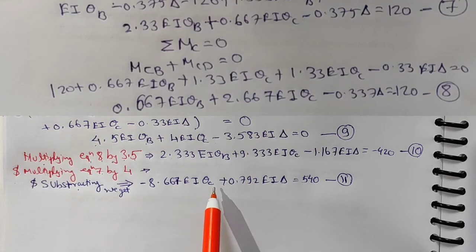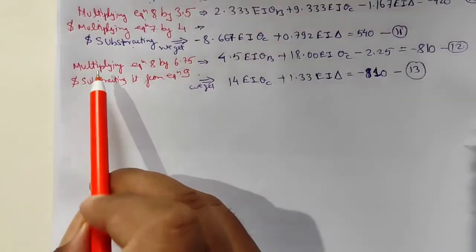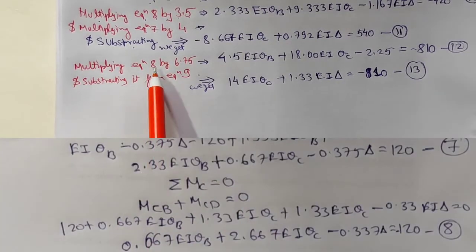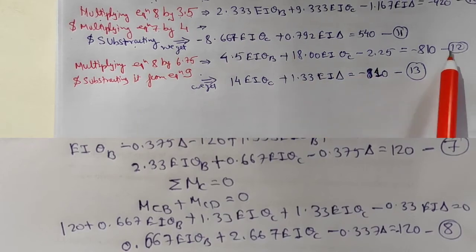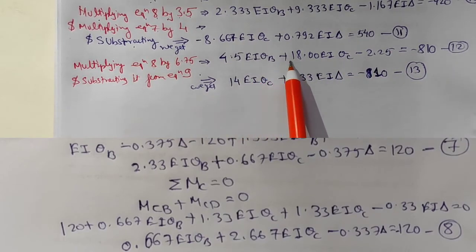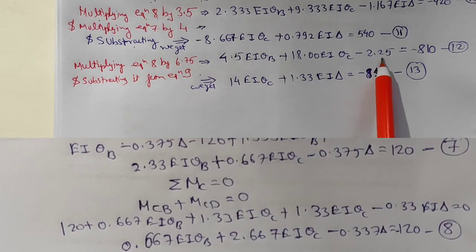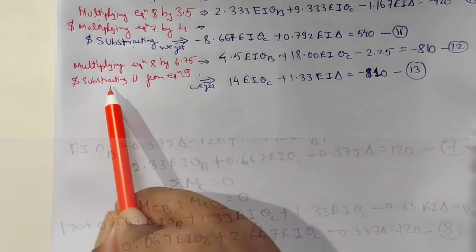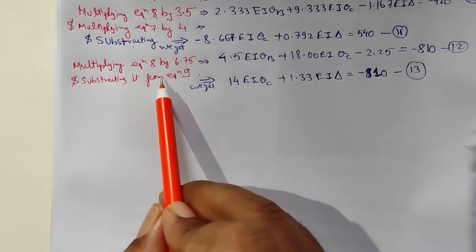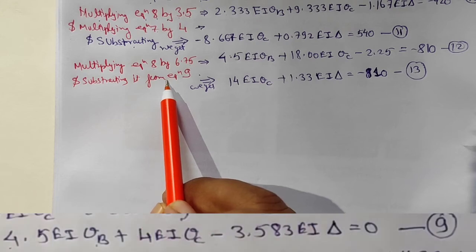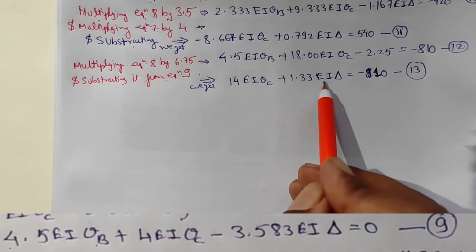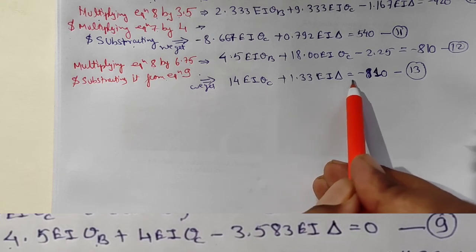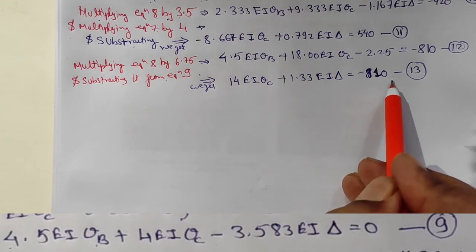These are the basic mathematical calculations we can do. Multiplying equation number 8 by 6.7 will give equation number 12, that is 4.5 EI theta B plus 18 EI theta C minus 2.2 del. Again we will subtract this equation from equation number 9, after which we will get 14 EI theta C plus 1.33 EI del equals to negative 810.